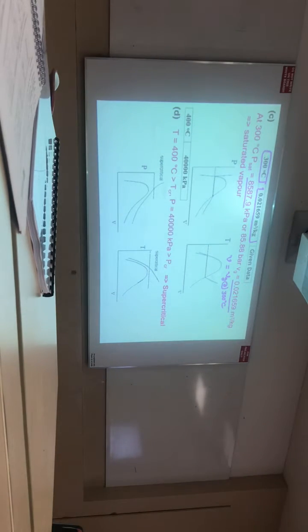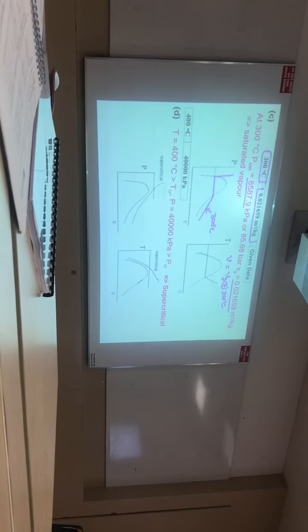So in the PV diagram, you should show the constant temperature line. This temperature line is 300 degrees Celsius.